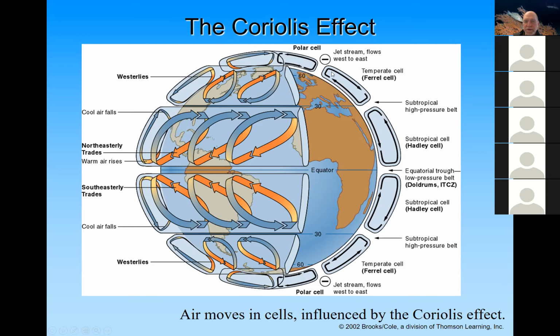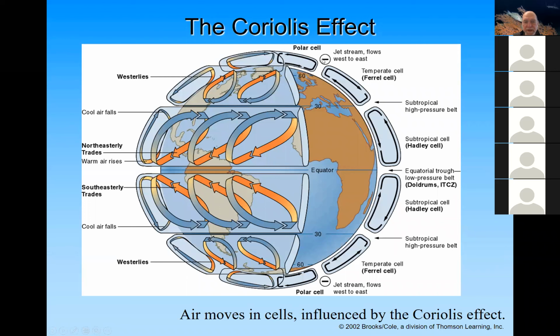The movement of this air from south to north is going to produce a rightward deflection of air movement, and that rightward deflection here would be a west to east flow. This west to east flow is what's known as the jet stream.